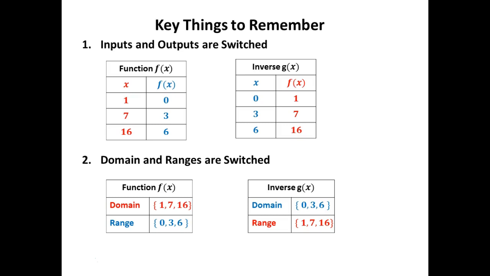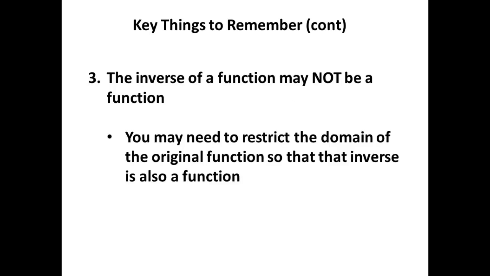Now one of the things that means is that the domain and ranges are switched. That means if you know the domain of your function f of x, then to write the domain and range of the inverse, all you need to do is switch them. Now, one important thing to remember is you may go about your business of graphing a function and then switching the x's and y's to graph the inverse, and what you end up with is not a function.